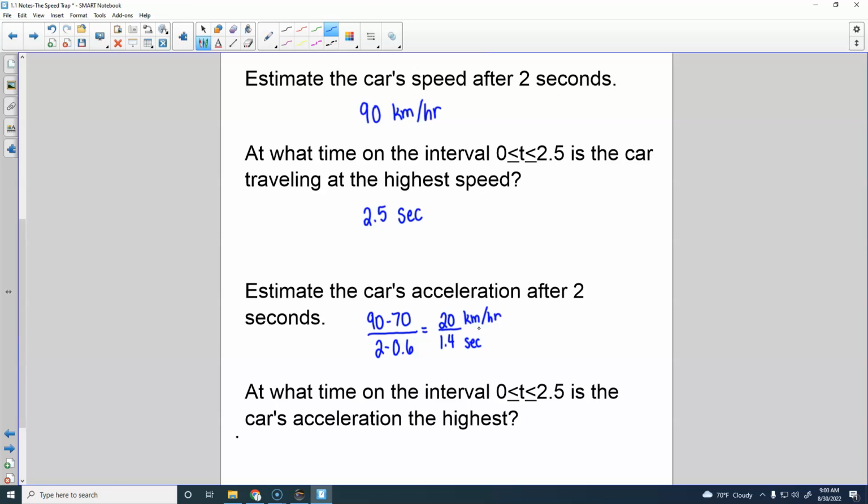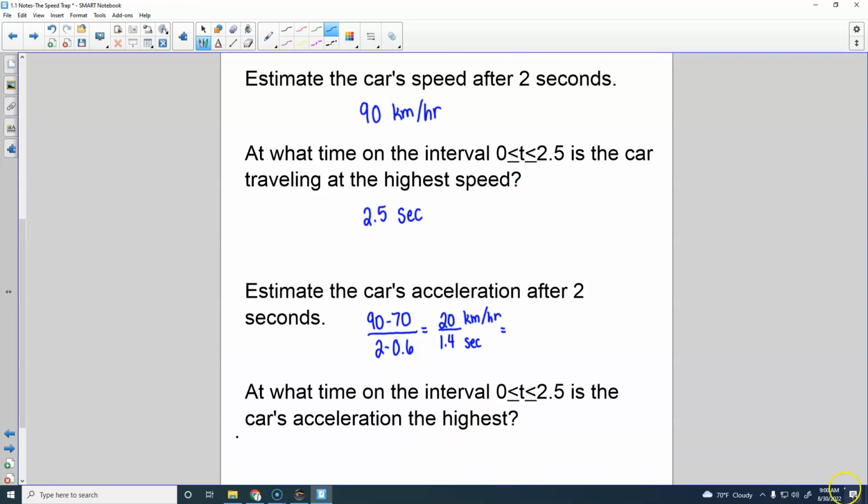So I would really rather have kilometers per hour. That would be more helpful for me. So I'm just going to convert that 1.4 seconds to hours. How can I do that? We'll divide by 3,600 this time.